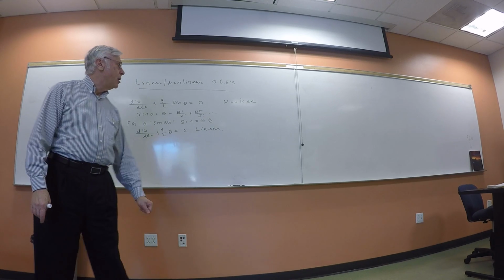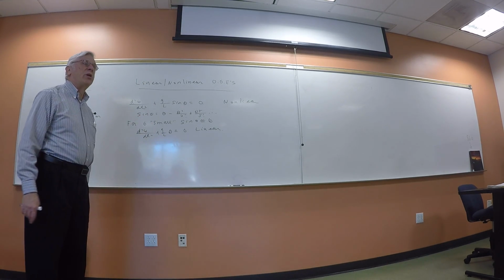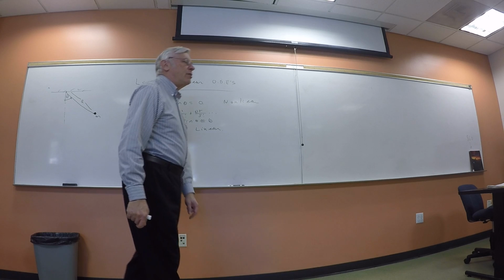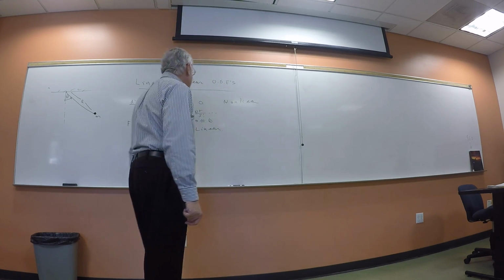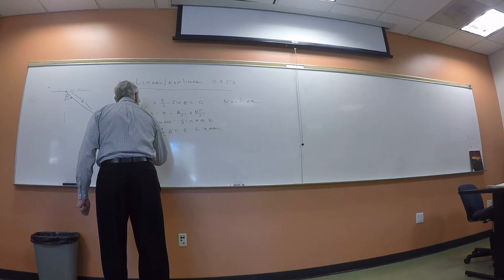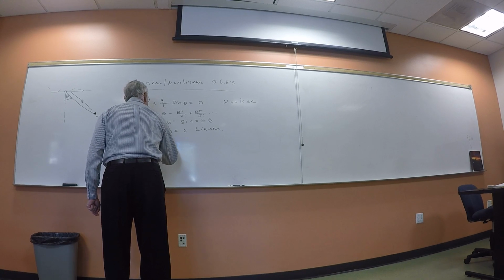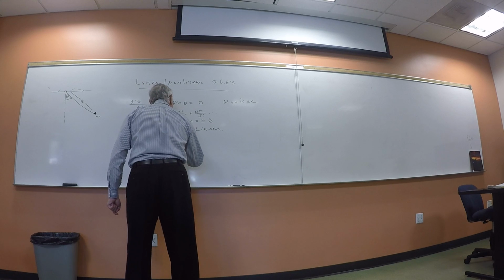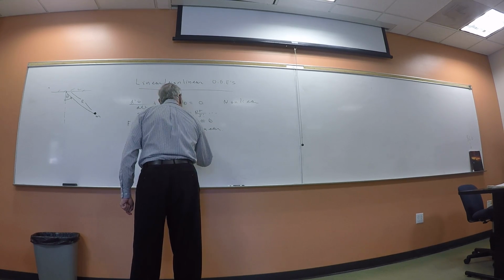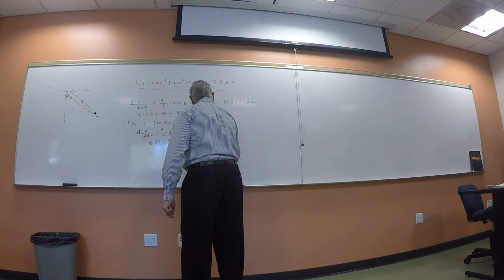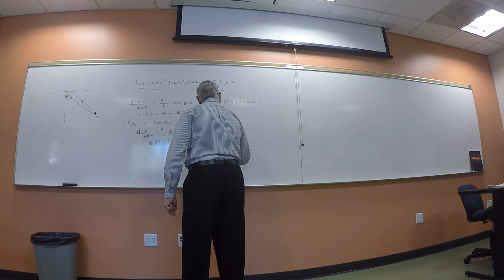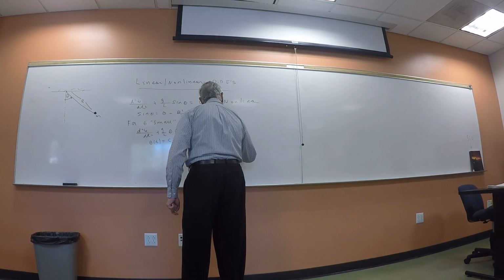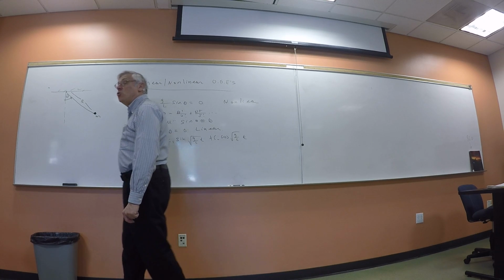This is the equation which we're going to be able to solve in a couple of weeks. And the general solution of this equation, you have to just take me on faith, is theta equals C1 sine radical g over L t plus another arbitrary constant C2 cosine radical g over L t. Again, why two arbitrary constants?